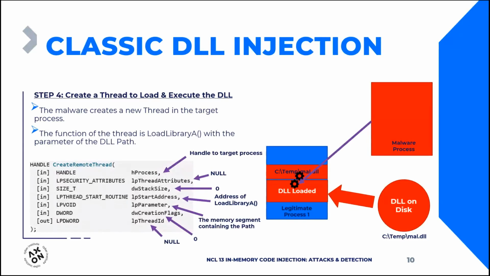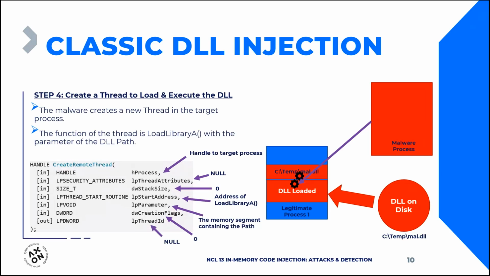So we get the address of LoadLibrary and put it as a parameter here, and then LoadLibrary is going to load a DLL, but which DLL? I need to pass the path to the DLL so that LoadLibrary loads the DLL inside my path.